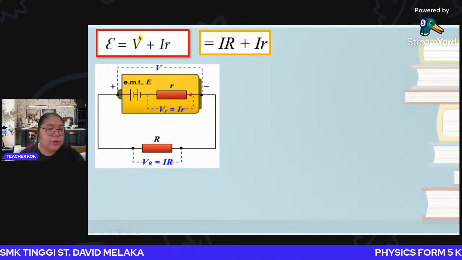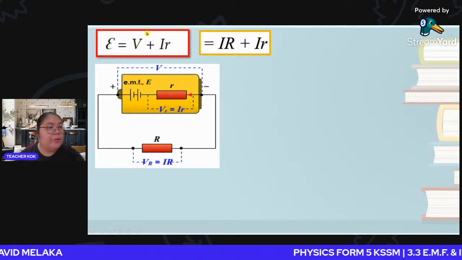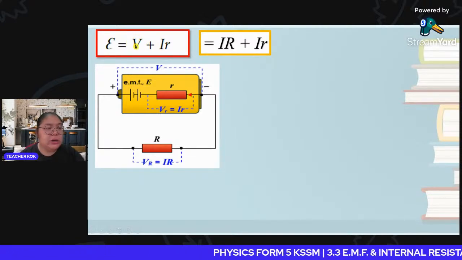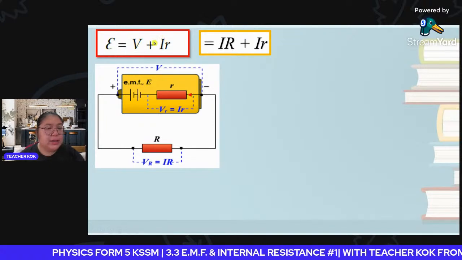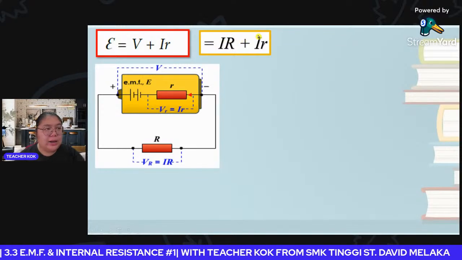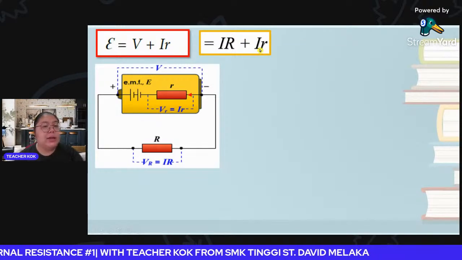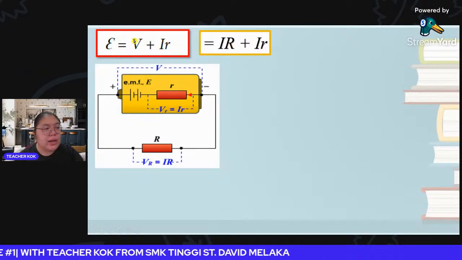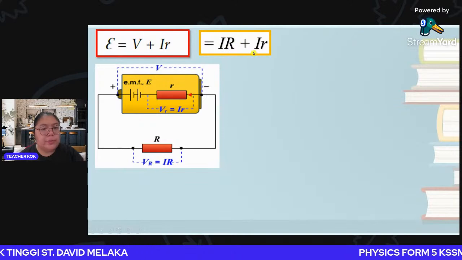Because this one we can convert, V equals IR is for the external resistance, and this one is the internal. So I can write I capital R plus I small r. So depending on the situation, if the question never gives you potential difference, they give you external resistance, so you need to use this formula.